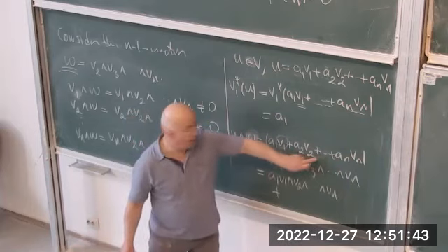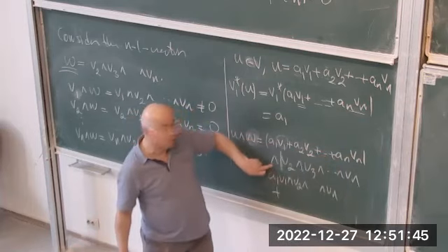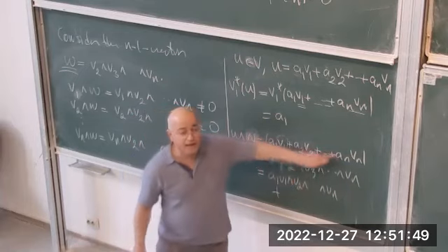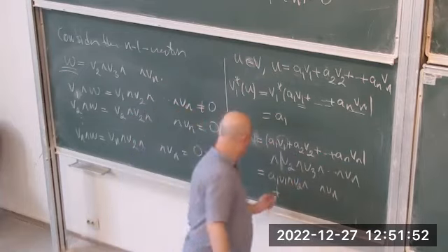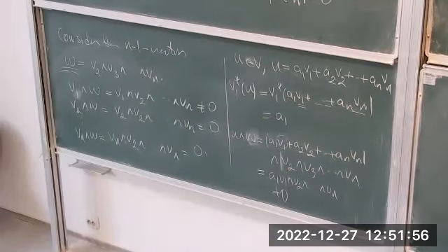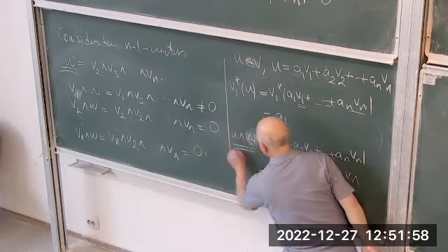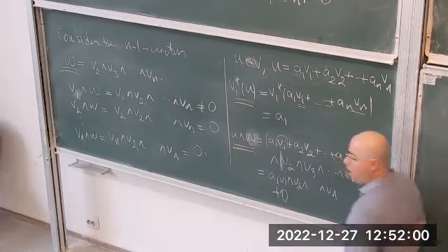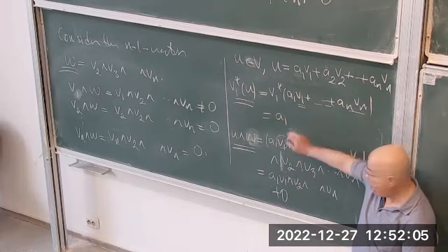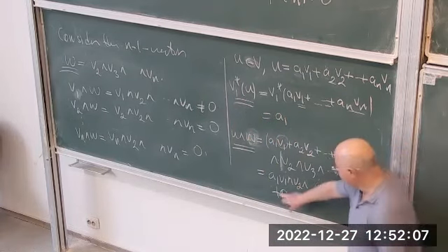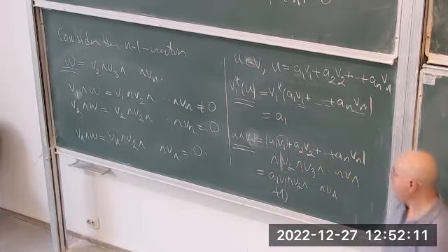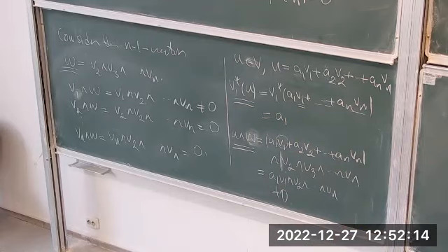The next one, A3 V3 wedge this gives 0 because I have V3 here. So the rest is just 0. So what we see is that this product and this thing are almost the same. This gives me not A1, but A1 times the volume element V1, V2, up to Vn.